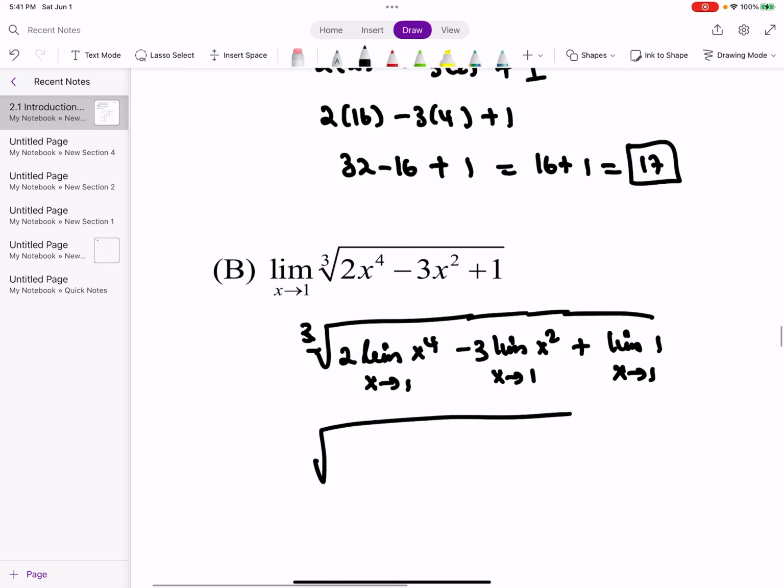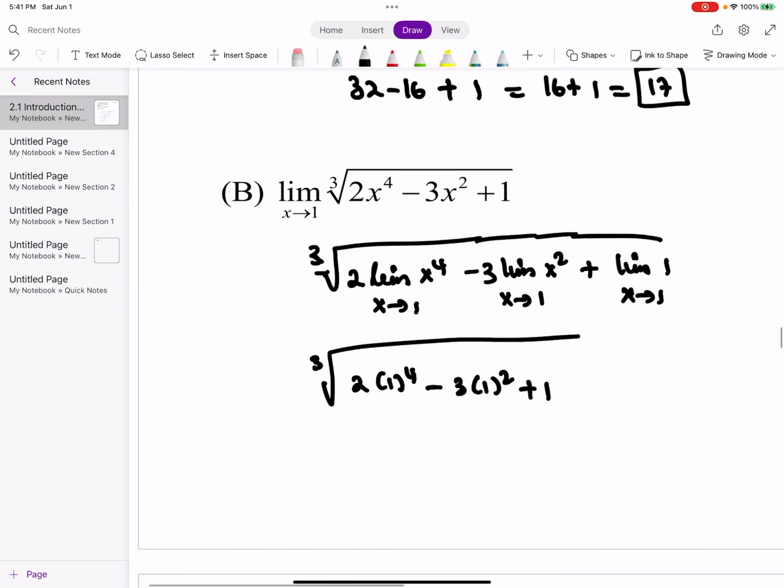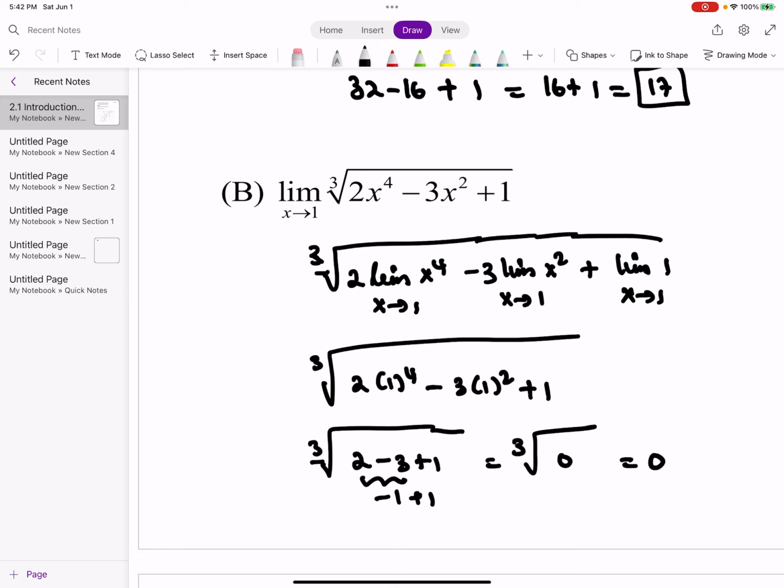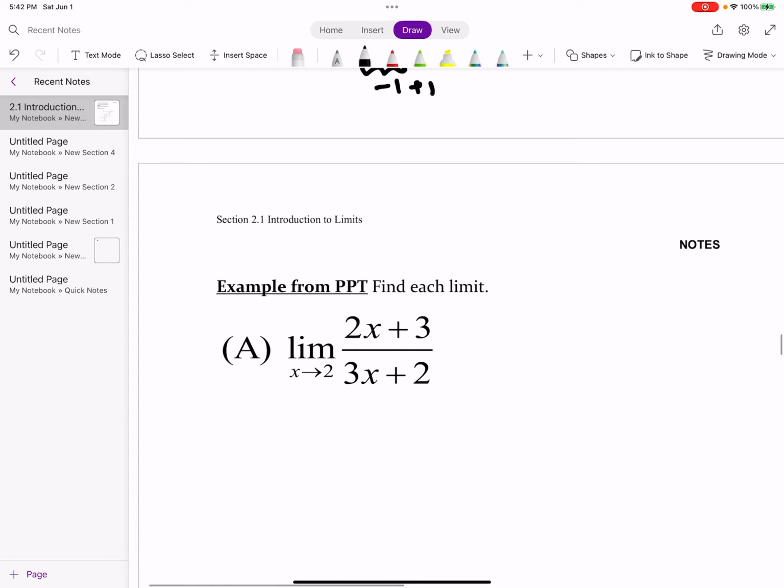So this is written as 2 times 1 to the fourth minus 3 times 1 squared plus 1. So this is the cube root of 2 minus 3 plus 1. Now you can see that this is negative 1 plus 1, it is 0, then the limit becomes 0. So you can see that applying the rule, you have to apply the limit to each of the terms.